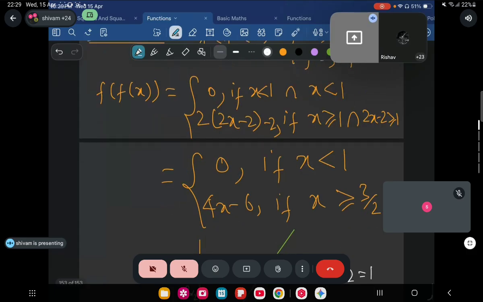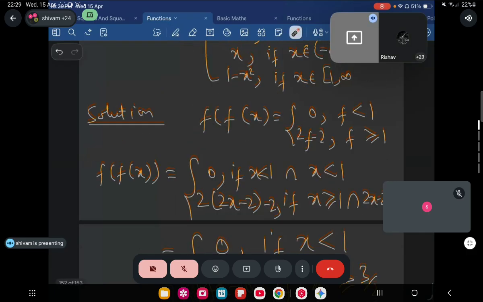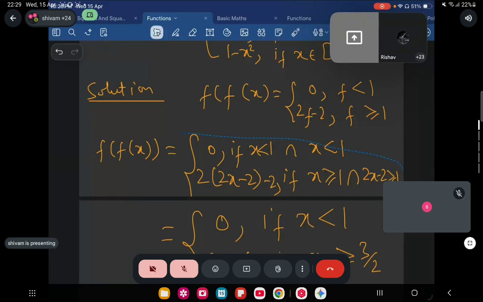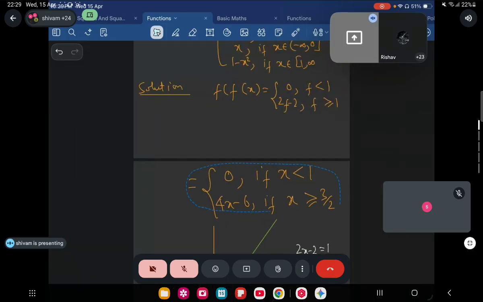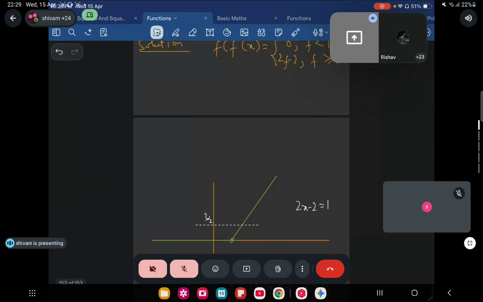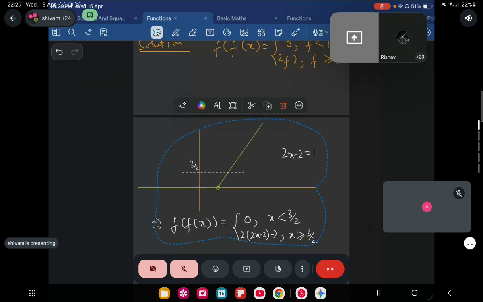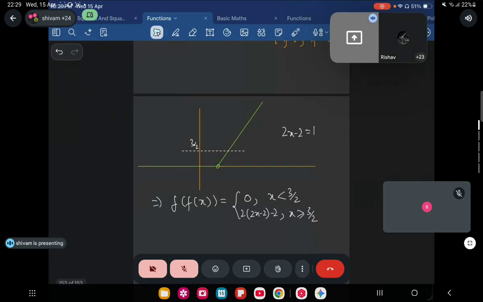Yes, because you see, f is less than 1. Forget about these two, you focus on the first one. What is given? F is less than 1. What is the function? 0. So for what value of x is f of x less than 1? This branch is the 2x minus 2 branch, right? 2x minus 2 is also less than 1.